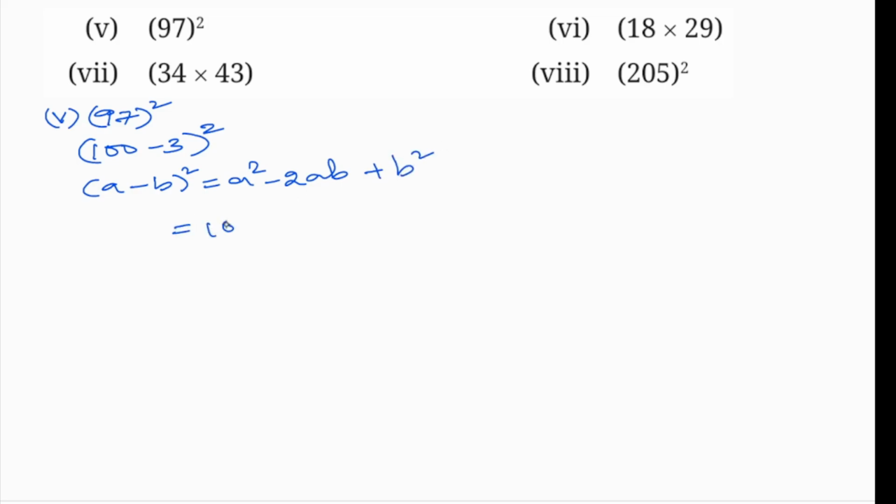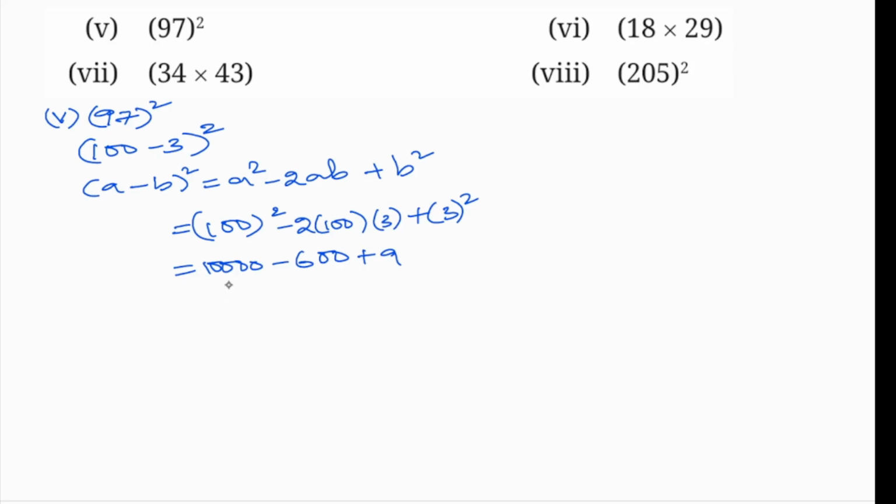A is 100 and b is 3. 100 square is 10,000, minus 2 into 3 is 6, 6 into 100 is 600, plus 3 square is 9.